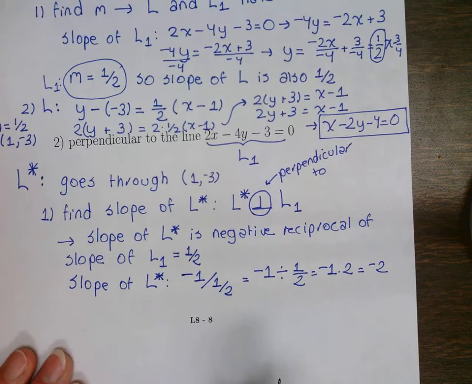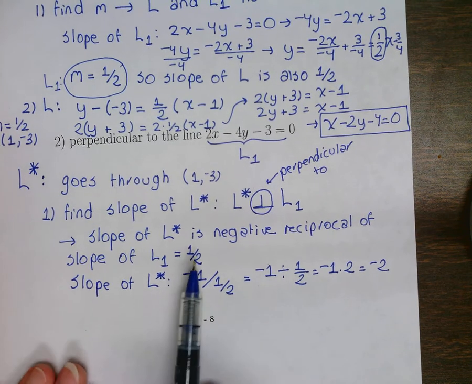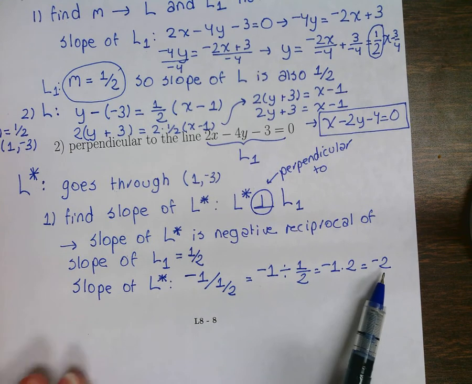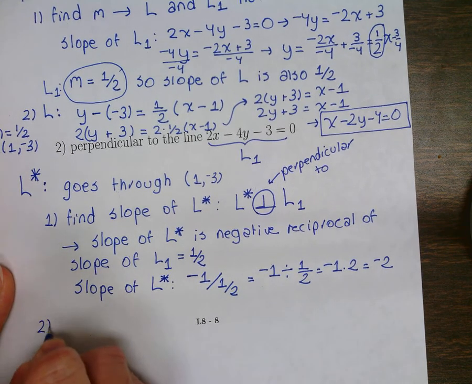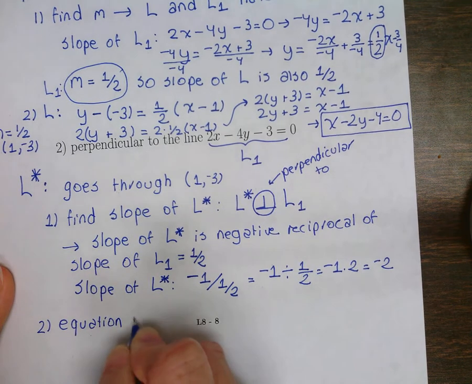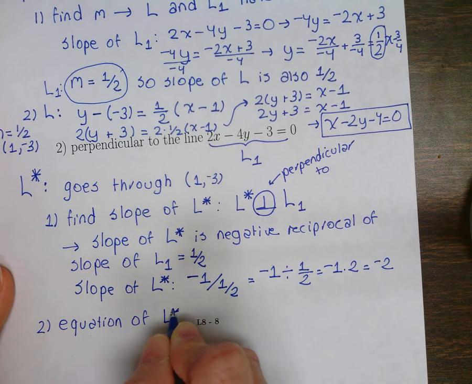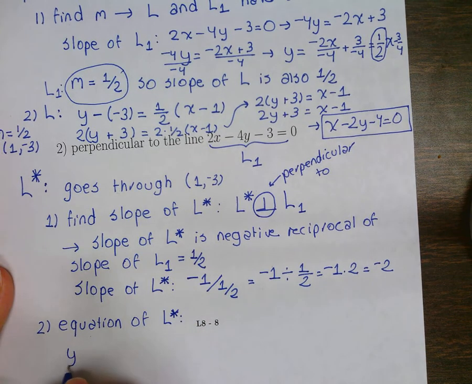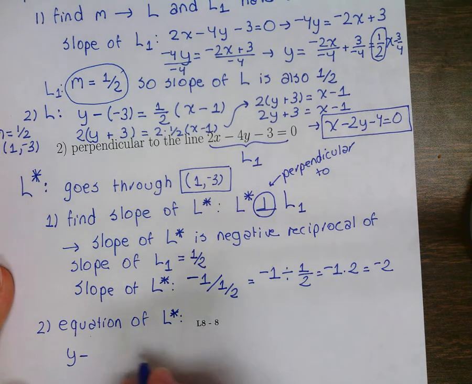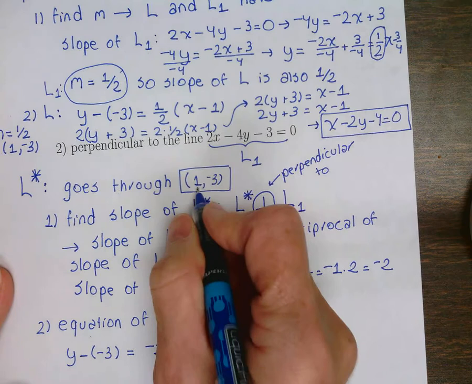Okay, does that make sense? Okay, it's the negative reciprocal. We knew the slope of L1, and so the slope of our perpendicular line is negative 2. So the equation of L star, y minus, now remember it goes through the point 1, negative 3. So y minus a negative 3 is equal to negative 2 times x minus 1, the x coordinate of our point.